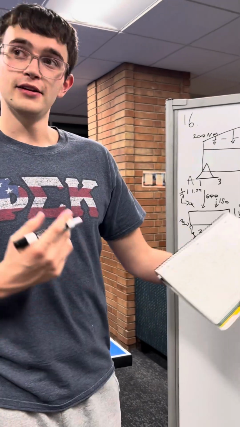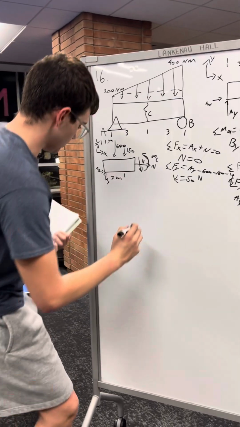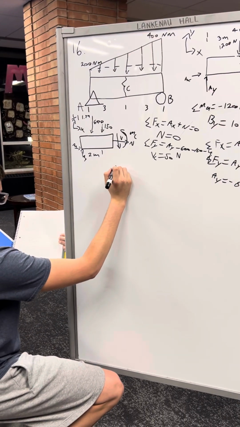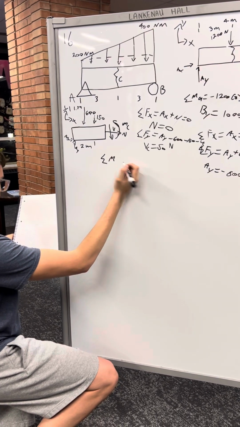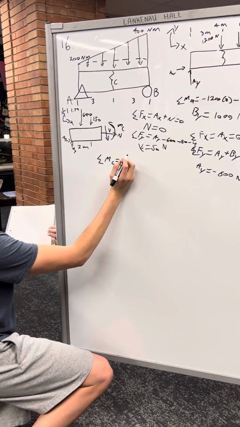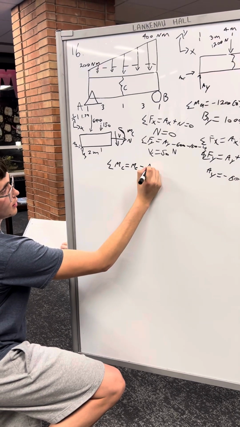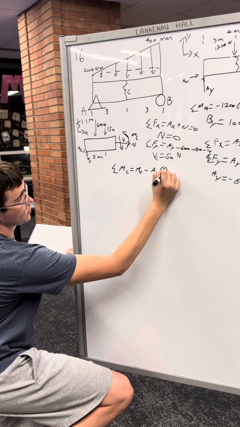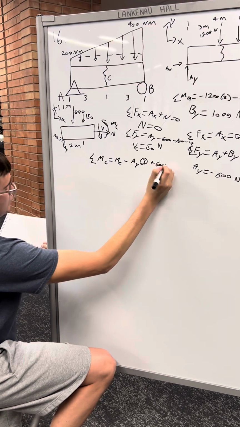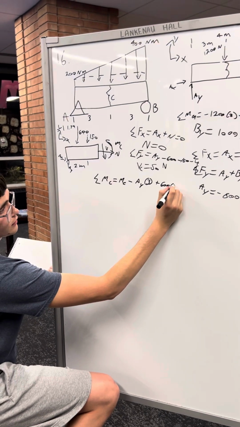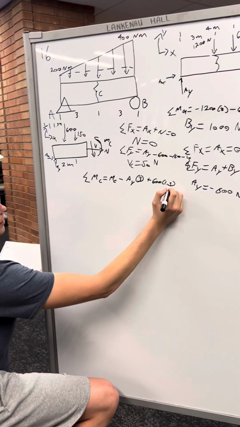So finally, to get our moment, or our bending moment, it's going to be sum of moments at C. It's going to be your bending moment minus Ay times 3 plus 600 times 1.5 plus 150 times 1.